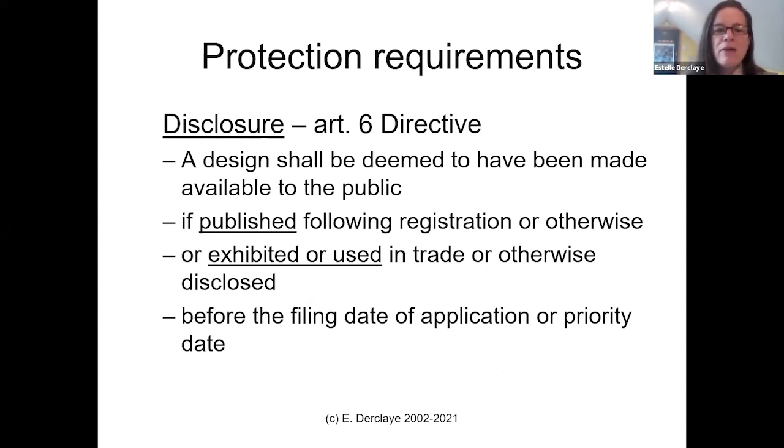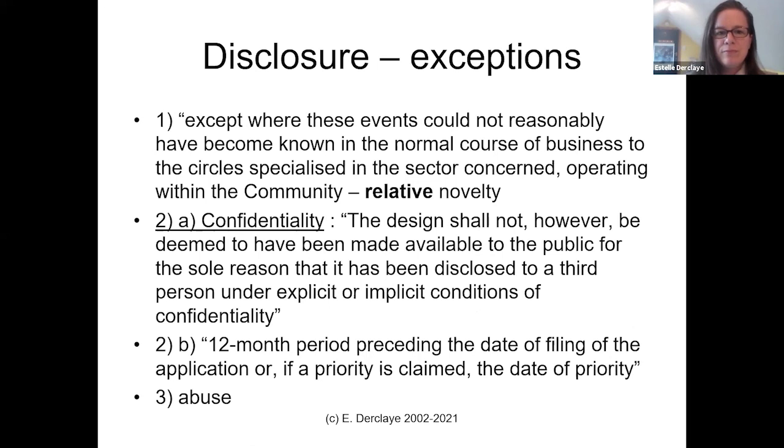And you look at everything that's been published before, or if it's not been published, it has to be exhibited or used in trade or otherwise disclosed before the filing date of the application to the Intellectual Property Office in question, or the priority date. For those who do not know that, I can explain in the Q&A afterwards if people have questions. So your prior art is everything that's been published or exhibited before the filing date of your design.